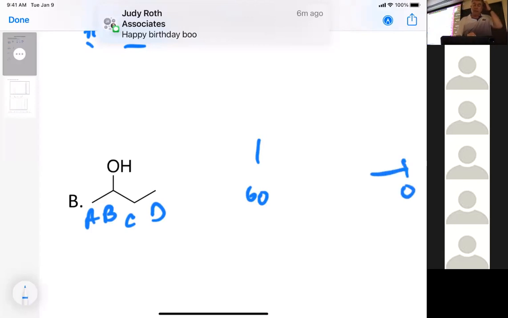And then we'll have, of course, A and C are going to be pretty close to each other, but upfield from B. And so we have C and A over here. And then again, D is going to be the closest one to 0. It's going to be most upfield because it's the furthest away from that oxygen.